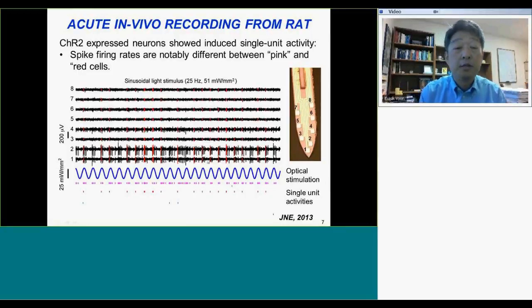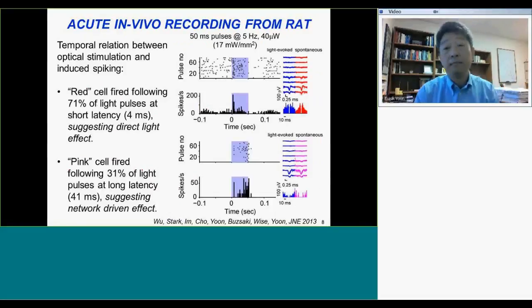As you can see, these red marked neurons are well synchronized with the optical stimulation, while you can see these pink neurons denoted over here have a little bit of latency. And the next slide can show this temporal relation between optical stimulation and induced spiking better.